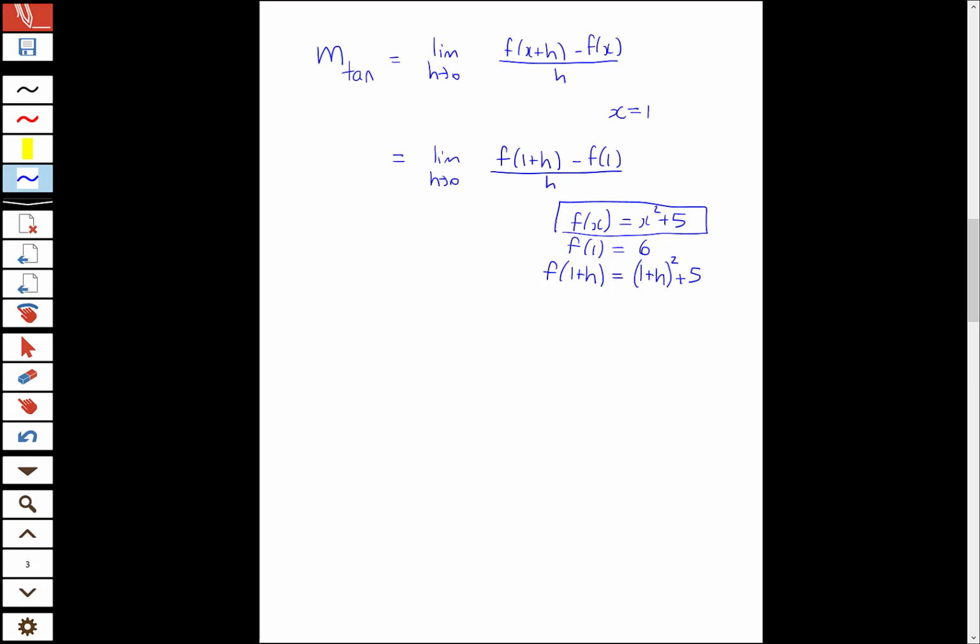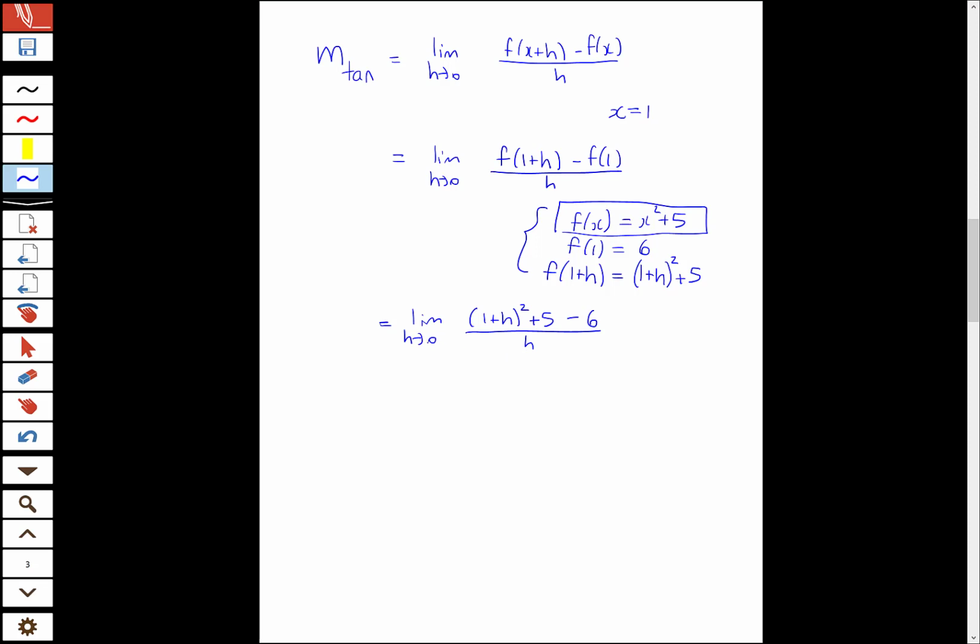Okay, so that's what we're going to do. We're going to take this, sub it in, and continue with our calculation. So we've got the limit as h goes to 0 of (1 plus h) all squared plus 5. So that's our f of 1 plus h right there. Then we're going to subtract off f of 1, which is 6, and we're going to divide through by h.